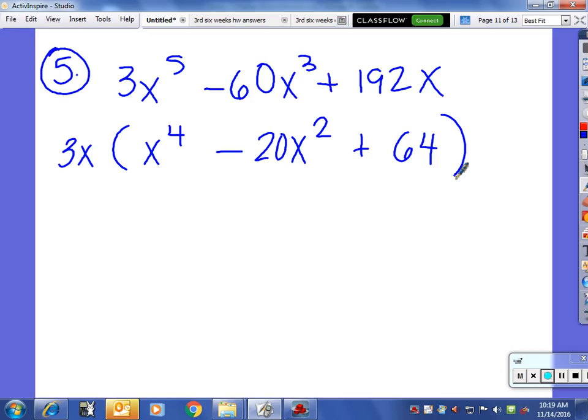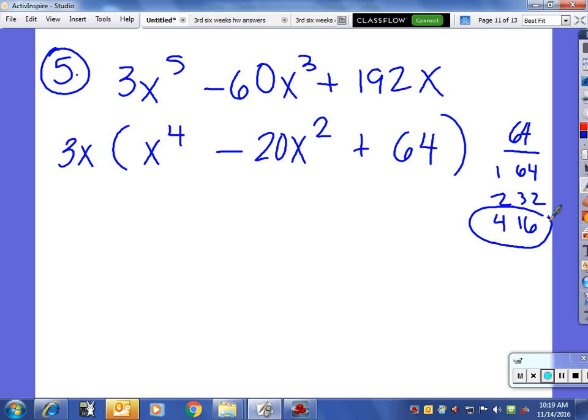Right? So 1 times c, 1 times 64 is 64. So let's think of all the factors of 64 that could make a 20. 1 and 64, 2 and 32, 3 won't go in, 4 and 16. Now look at that. Could those make a 20?